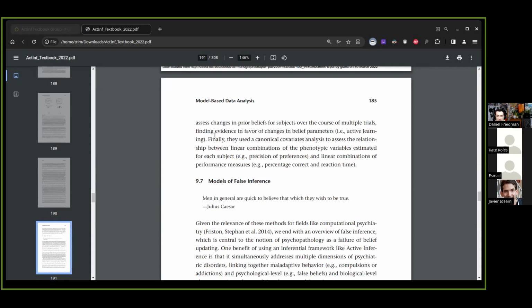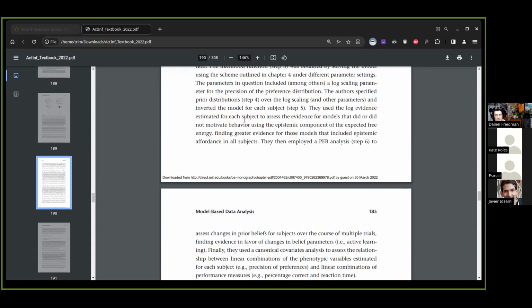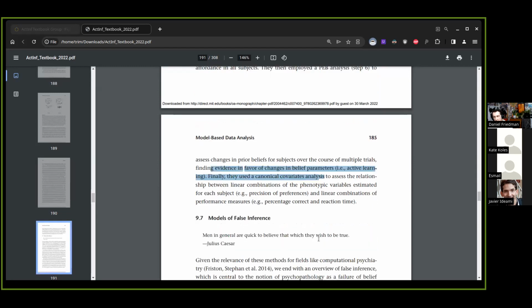And then again, once you get to step 6 above, after 3, 4, 5, then you're in a totally standard statistical inference setting, because you're looking at linearized relationships or canonical covariates and parametric estimation at the subject level.